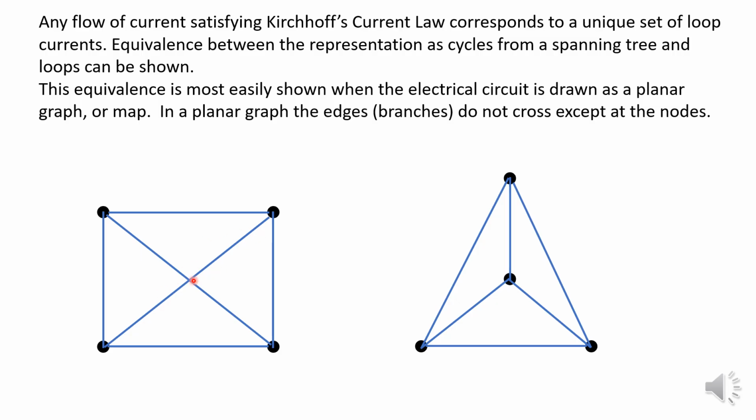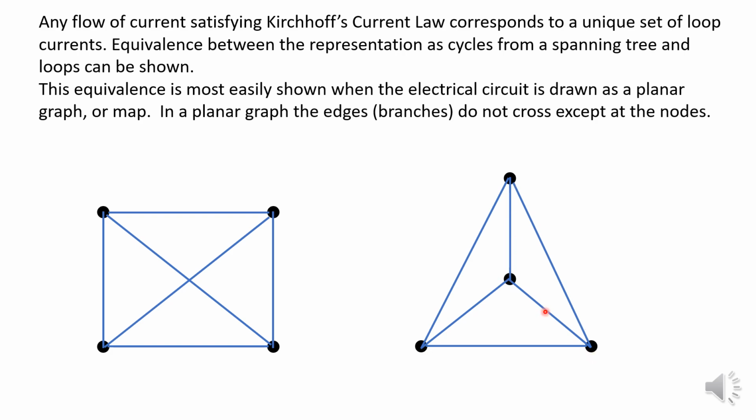And this is not what is called a planar graph. In a planar graph, you draw the circuit without any edges crossing. So this circuit is actually the same as this circuit, because notice any 2 nodes are joined by a branch. This is the same thing here.